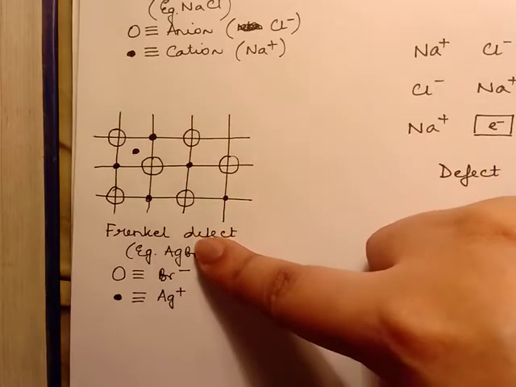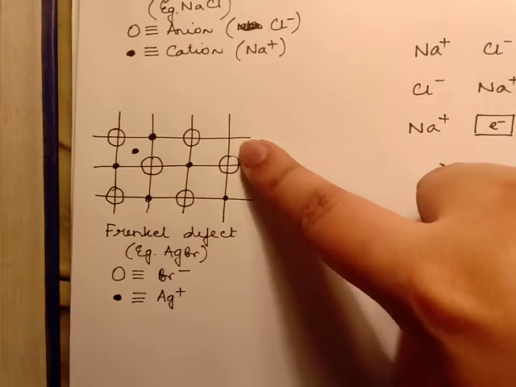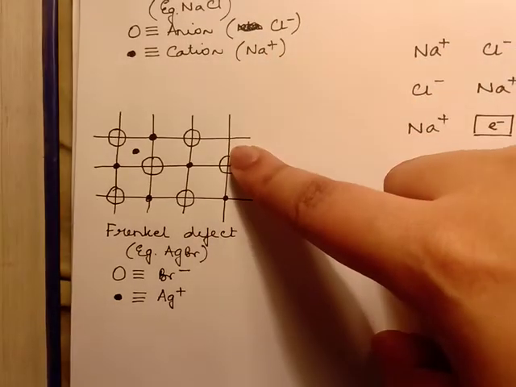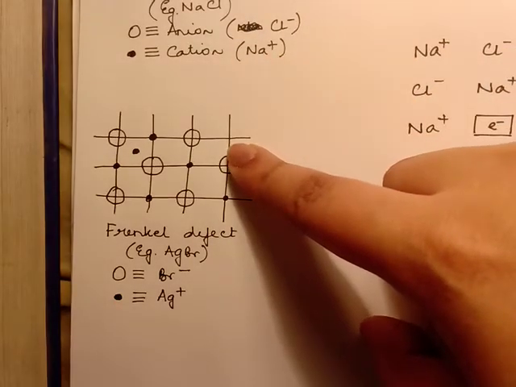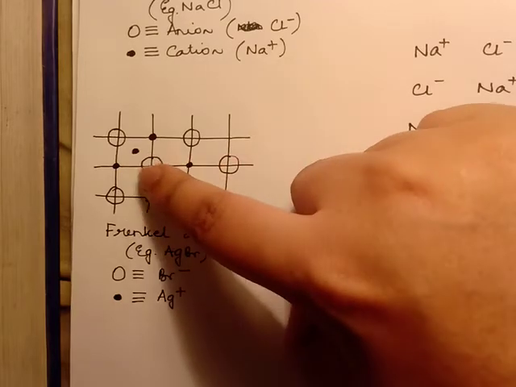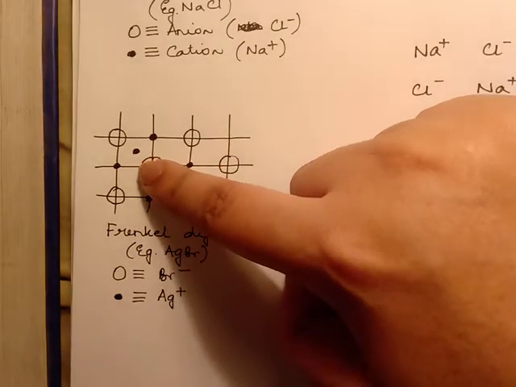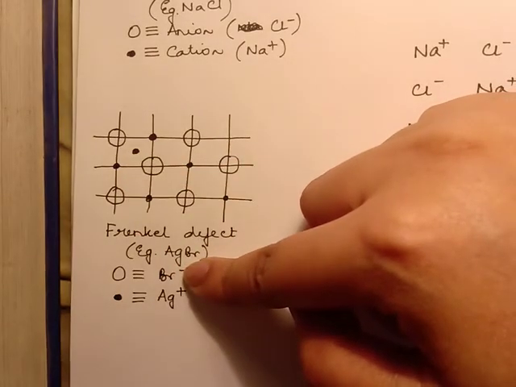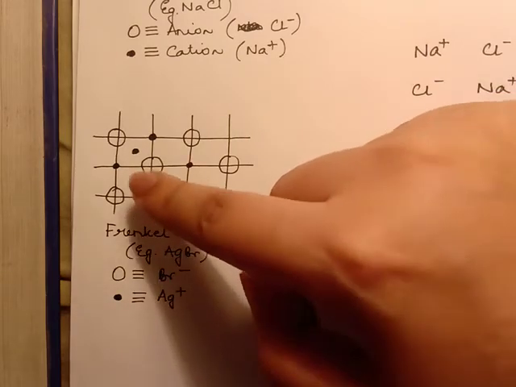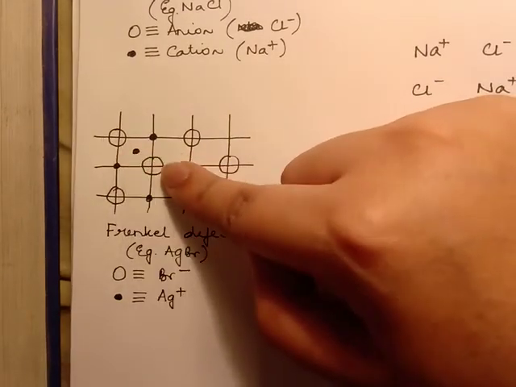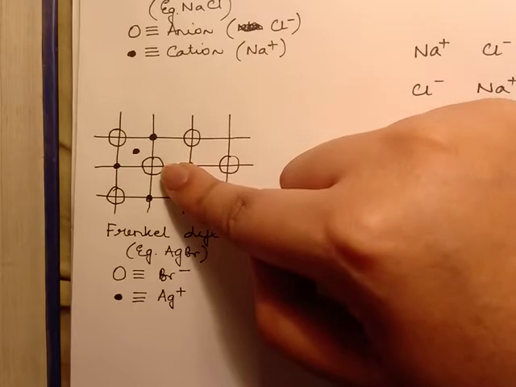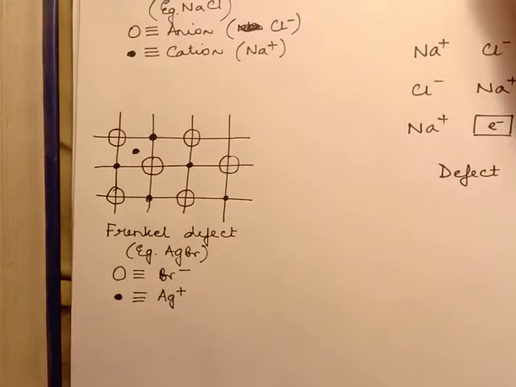So basically in the Frenkel defect, one or more cations are absent from their specific sites in the crystal lattice and they are present interstitially. So the size of Br- should be such that it can accommodate the presence of another Ag+ in between two such ions. So these are the stoichiometric defects.